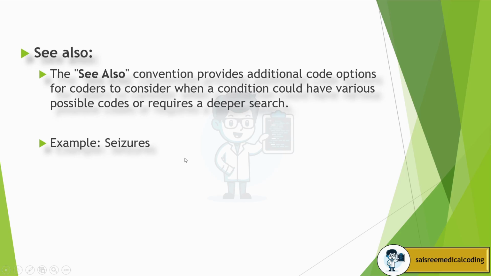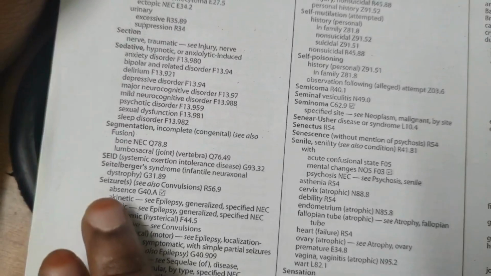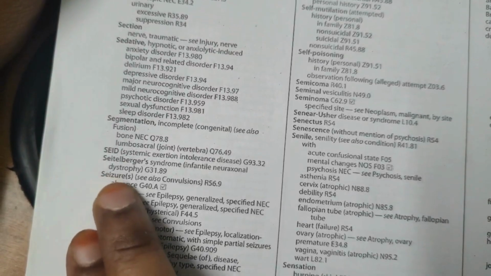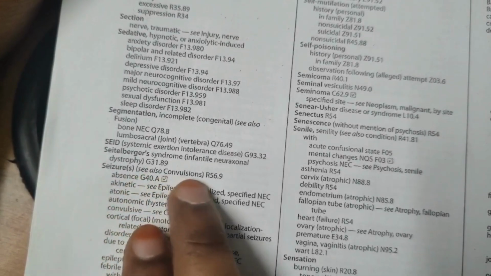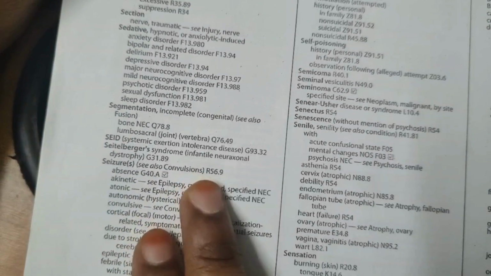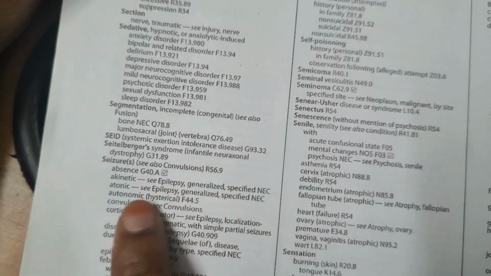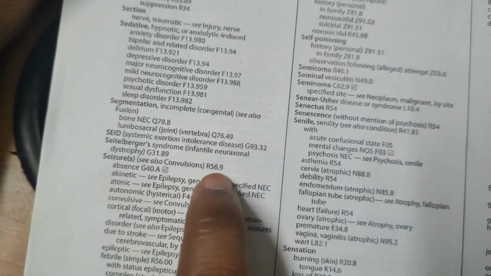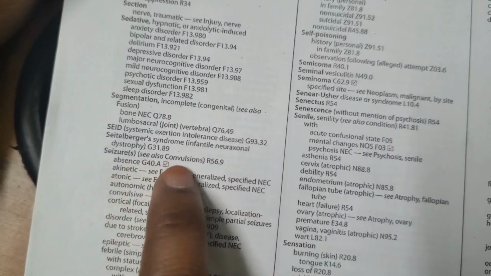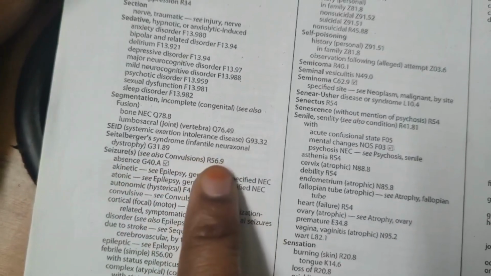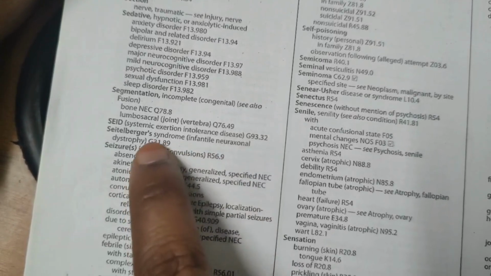I have given here the example of seizures. We'll see that in our ICD-10-CM manual. Now coming to seizures, I looked up the seizures code, and here we have a convention, "see also convulsions," and we will get the same code. We'll find that beside seizures we have R56.9, and it is also showing us "see also convulsions." You will get the same code. This is the meaning of the "see also" term.